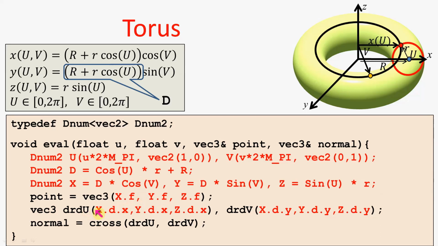The derivatives are in the d data member, but the derivative is a vec2 type, so it has two components, x and y, and the x component stores the derivative with respect to u, and the y component stores the derivative with respect to v. The normal vector is the cross product of these two partial derivatives.